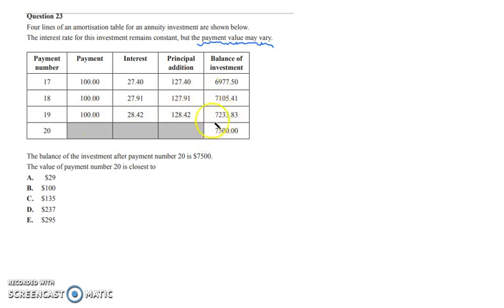So we've got to work out what percentage our interest is being paid at, and there's no percentage information given here. What we can do is work it out using this balance and this interest amount.